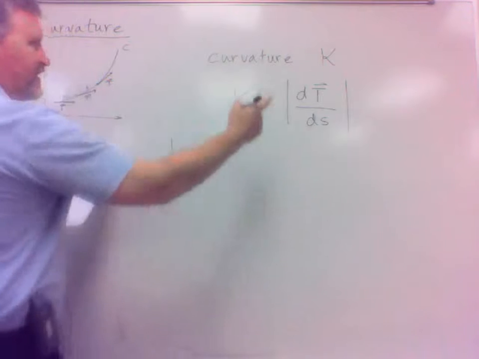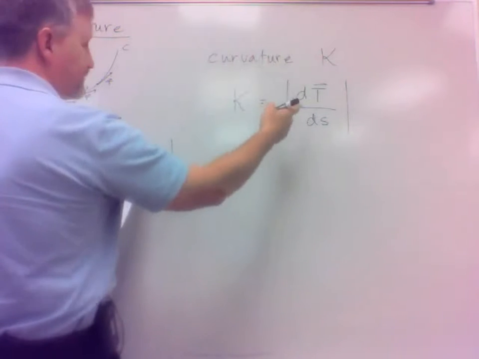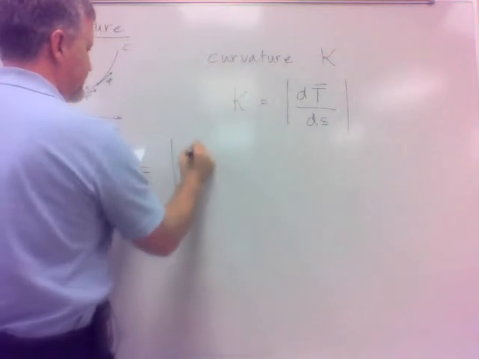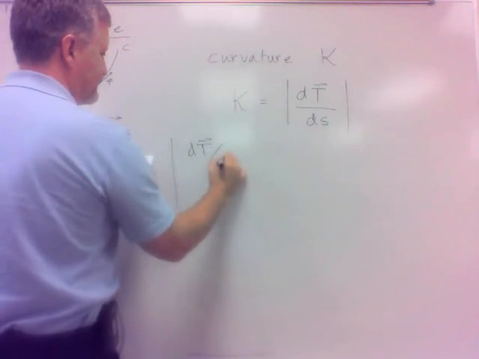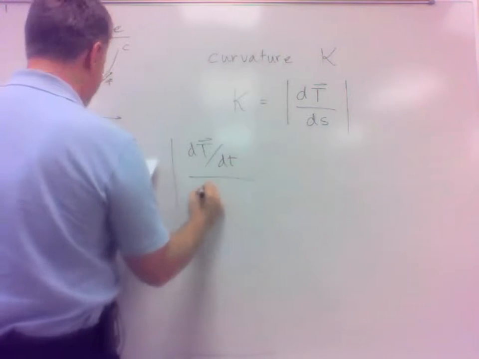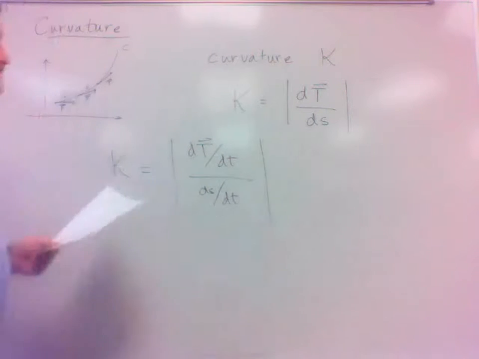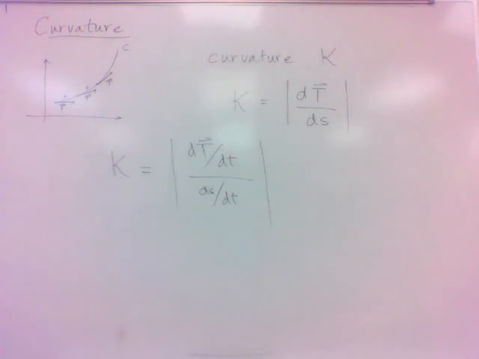The way you do that, we're going to take the unit tangent, divide by dt, and then ds dt. So we just divide by dt, it's the derivative with respect to time of both of those. The same thing, top and bottom, still equivalent.